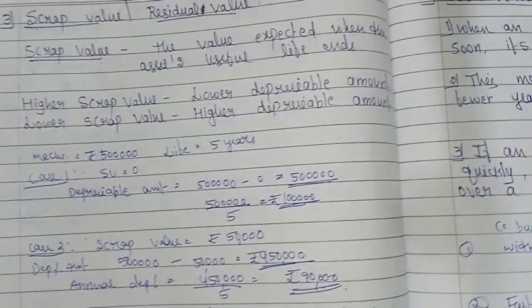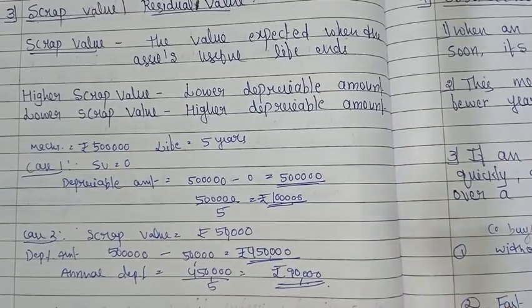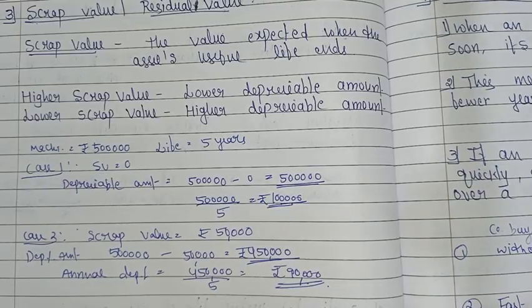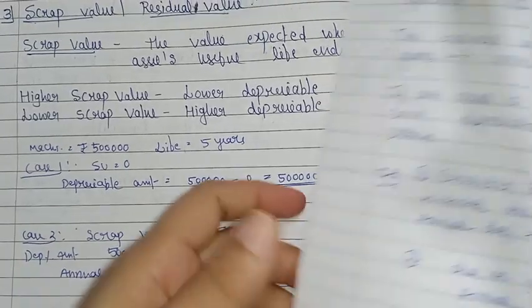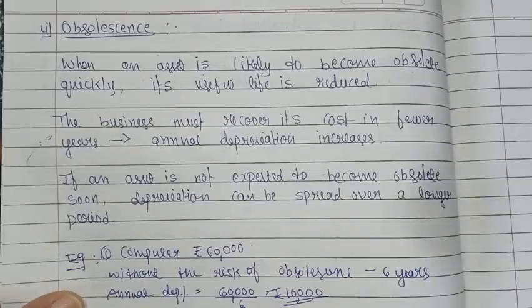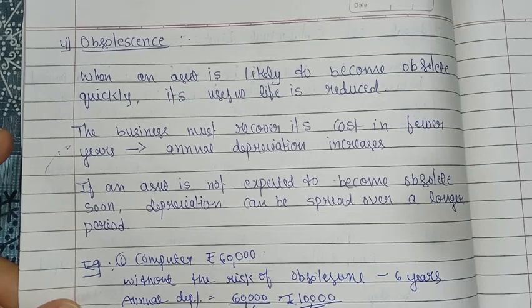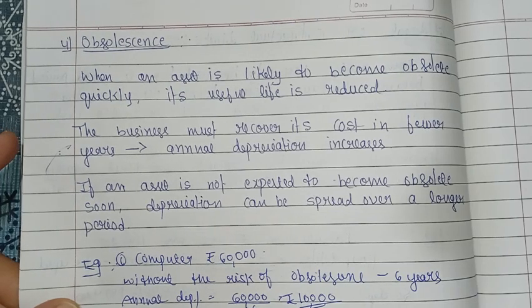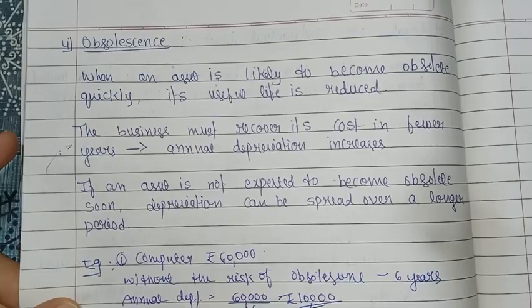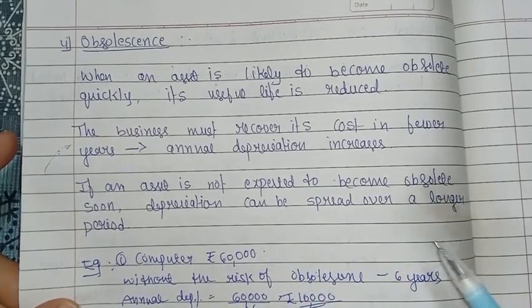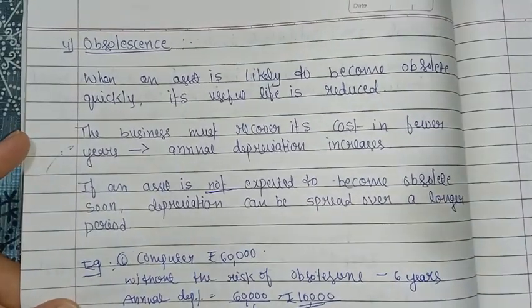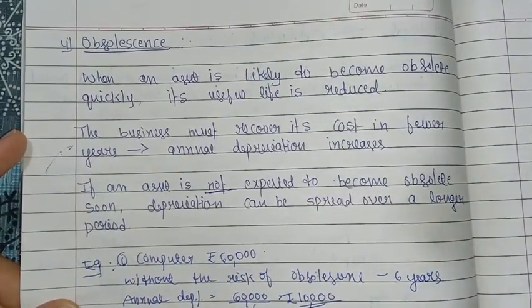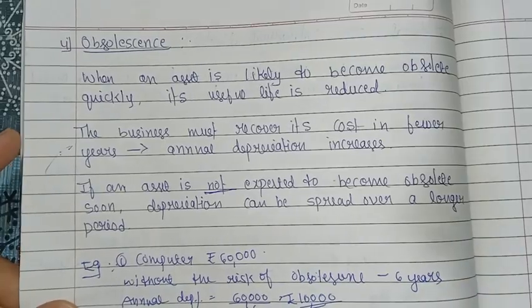Next is scrap or residual value: higher scrap value means lower depreciable amount and lower scrap value means higher depreciable amount. The fourth is obsolescence: if an asset is expected to become obsolete, annual depreciation increases; if it is not expected to become obsolete soon, there is less depreciation.